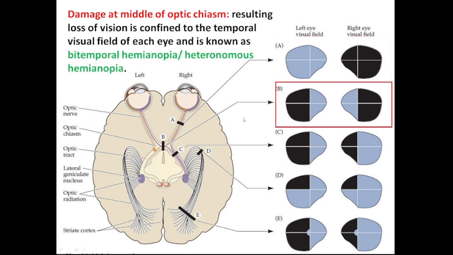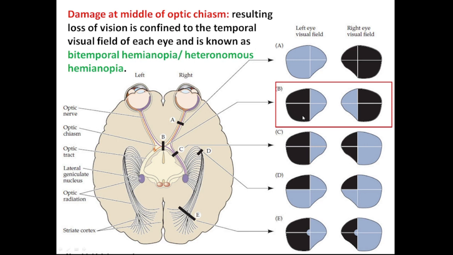If you damage the optic chiasma medially, like this portion is damaged, it results in loss of the visual field confined to the temporal visual field of each eye. The temporal visual field of each eye is being affected. Look at this, this is the black part. This type of deficit is called bitemporal hemianopia.